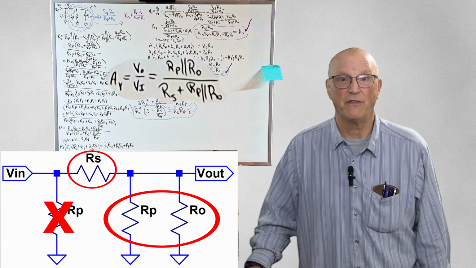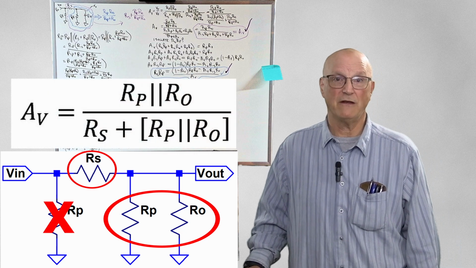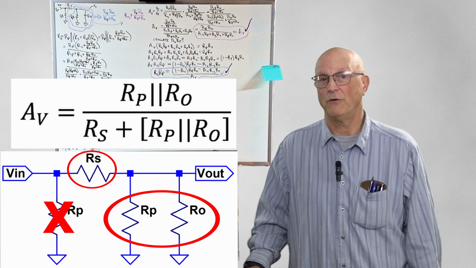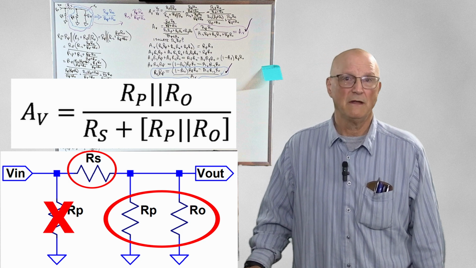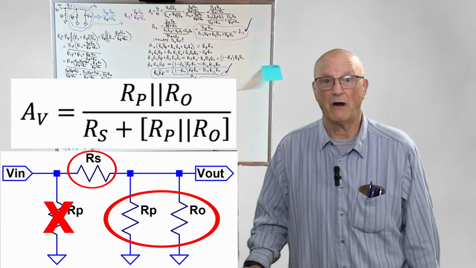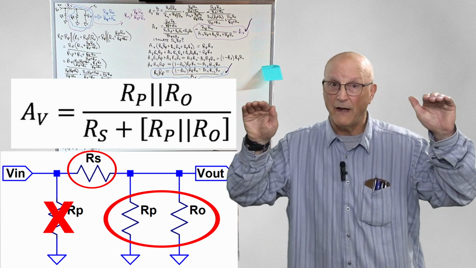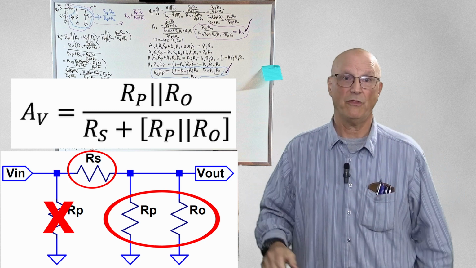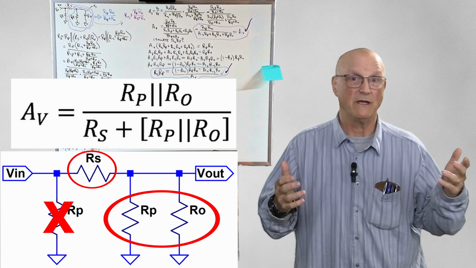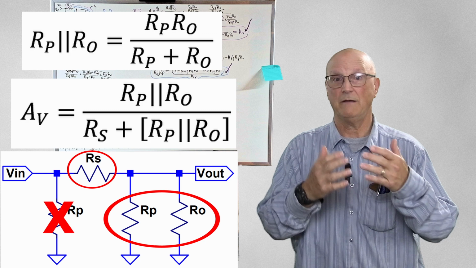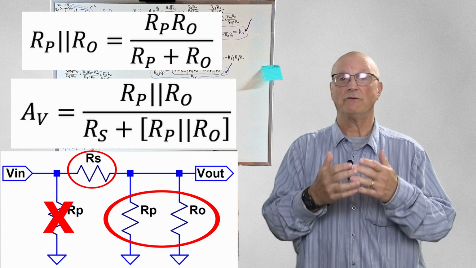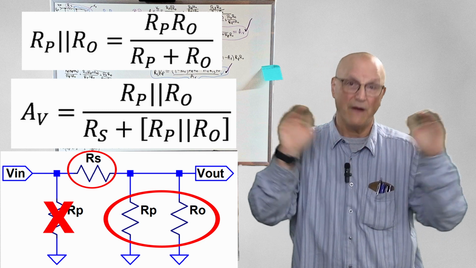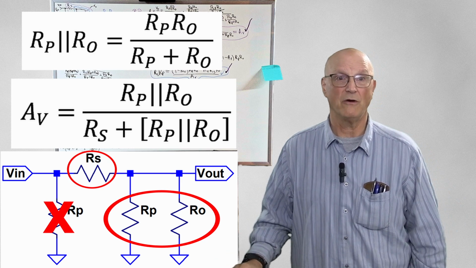This gives us this equation for the voltage gain of the attenuator. Voltage gain is equal to Rp in parallel with Ro, all divided by Rs plus Rp in parallel with Ro. And we already know that Rp in parallel with Ro is equal to Rp-Ro divided by Rp plus Ro.